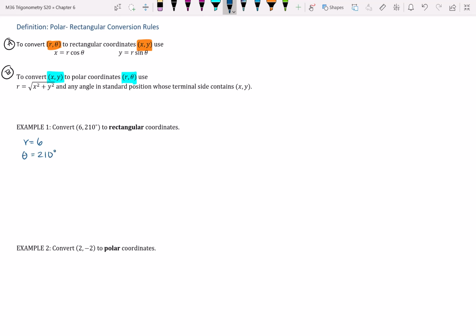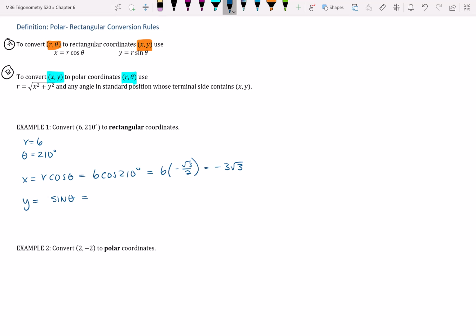We also know that x is defined to be r cosine of theta, so we can just plug it in. So 6 cosine of 210 degrees, which is 6 times negative square root of 3 over 2, which is negative 3 square root of 3. All right, and y is r sine of theta.